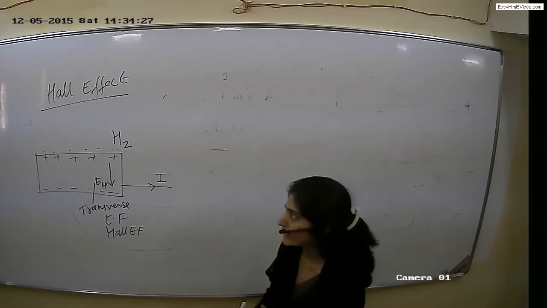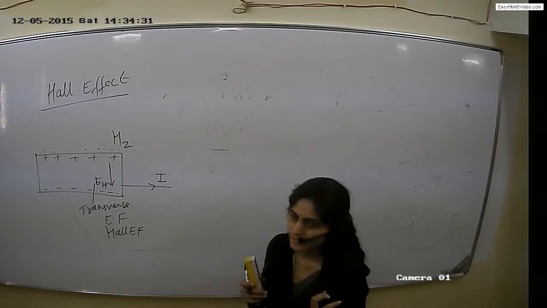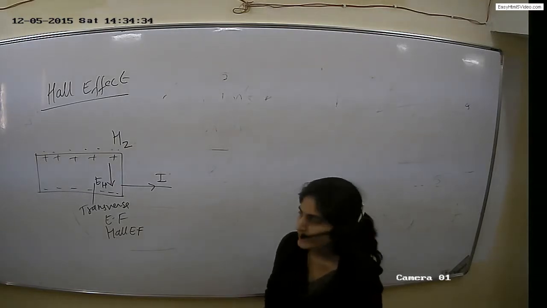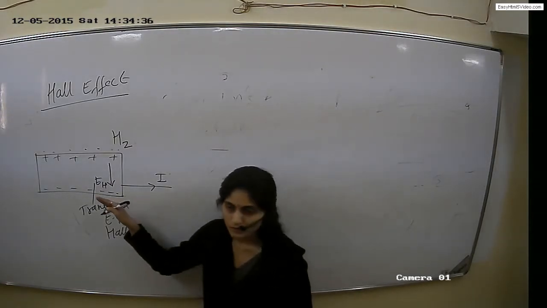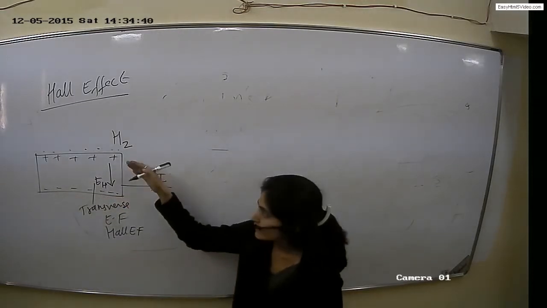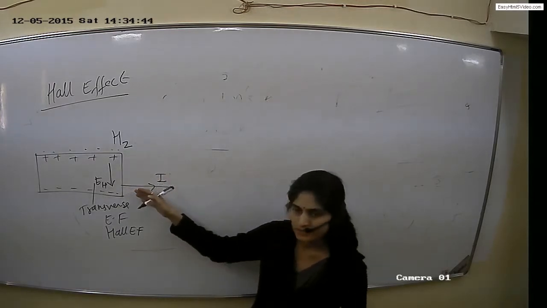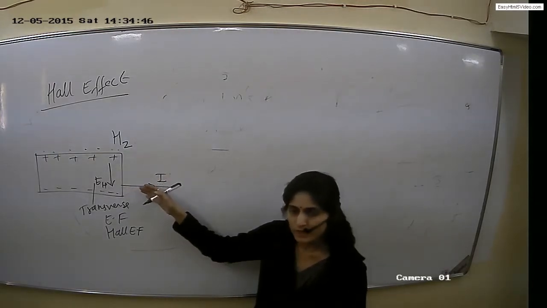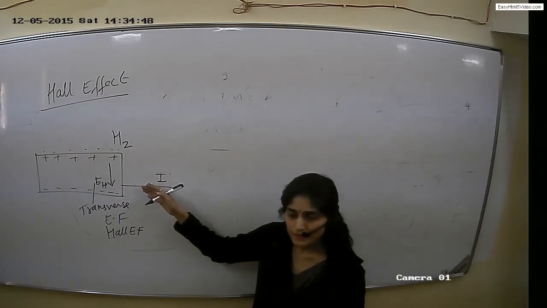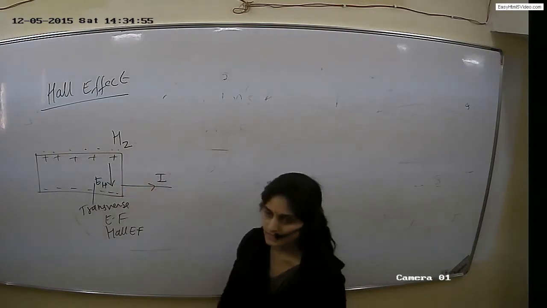So electrons under the action of the magnetic field experience Lorentz force and accumulate at the lower surface of the conductor and positive ions on the upper surface, and due to these positive and negative charges on the surface, an electric field is developed, which is called the Hall electric field, or transverse electric field.